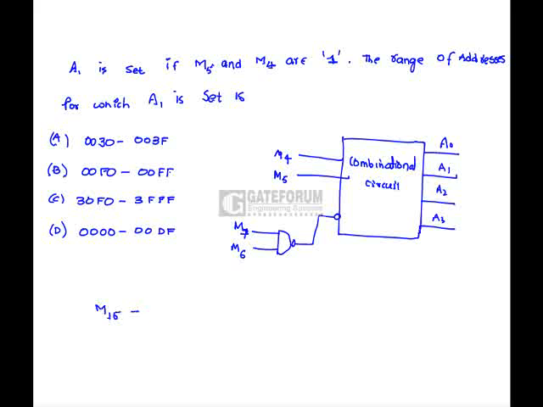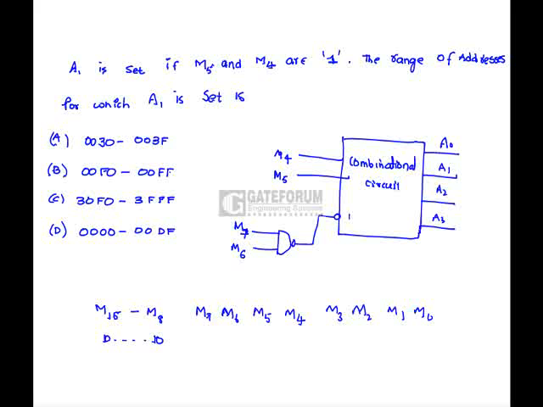M15 to M8 are all 0 because they haven't given any connections about M15 to M8. But the remaining are M7, M6, M5, M4, M3, M2, M1, M0.